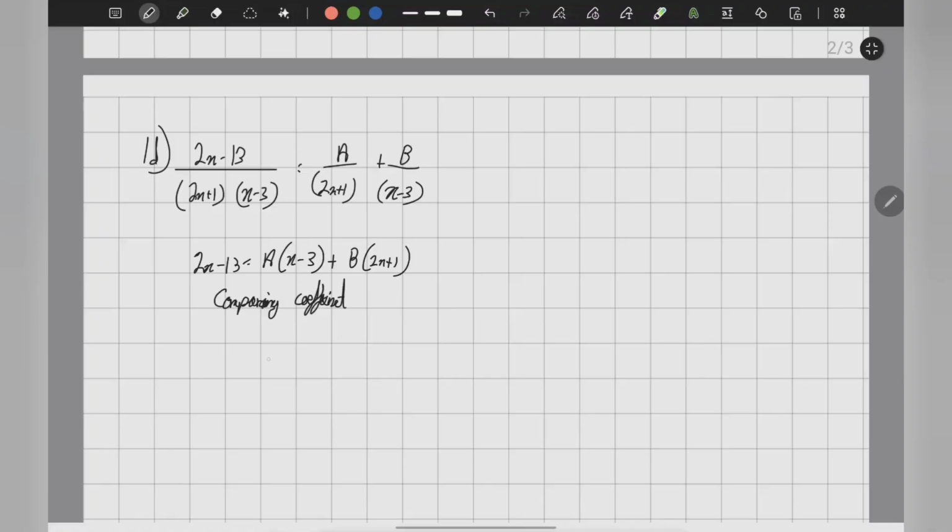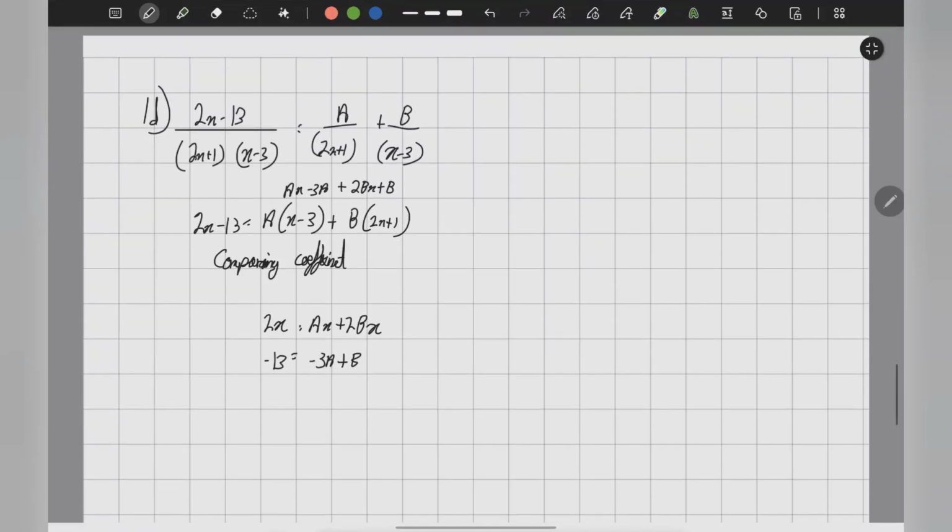So we have 2x minus 13. So we have ax, let me just expand this first. Ax minus 3a plus 2bx plus b. So ax plus 2bx would be equal to the x term, and the minus 3a plus b would be equal to the constant term.